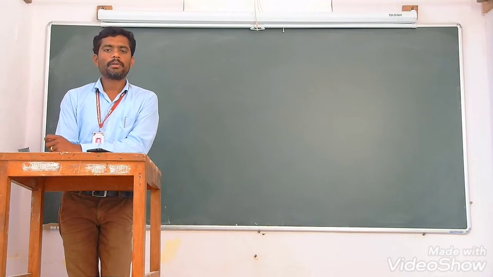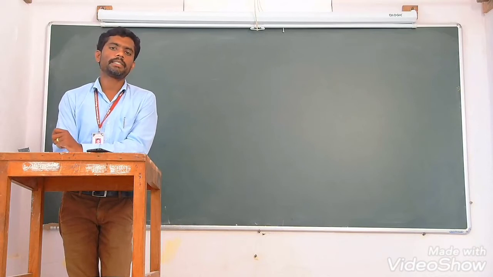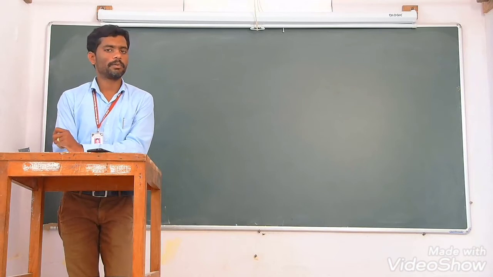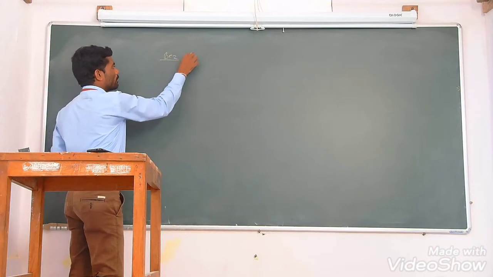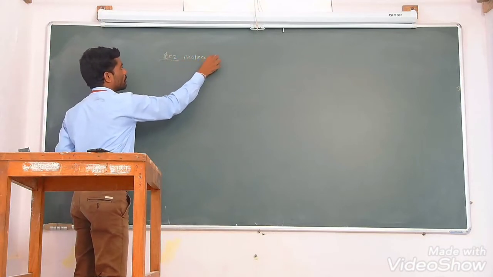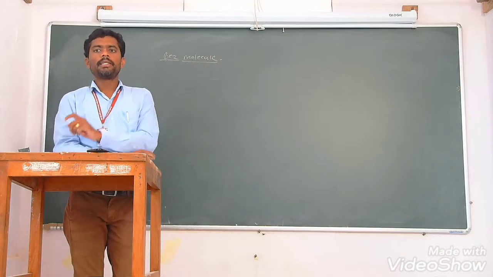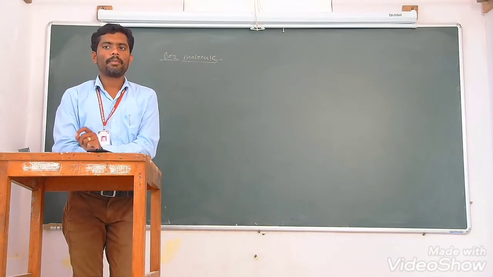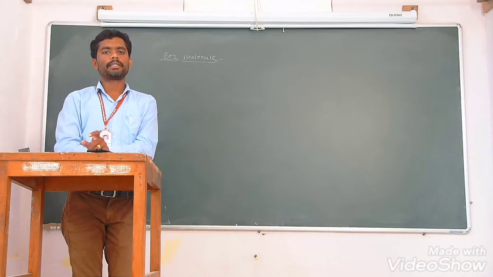Today, we learn about the molecular orbital energy level diagram for the Be2 molecule, that is, the beryllium molecule. This beryllium molecule is formed by the combination of two beryllium atoms and 8 electrons.